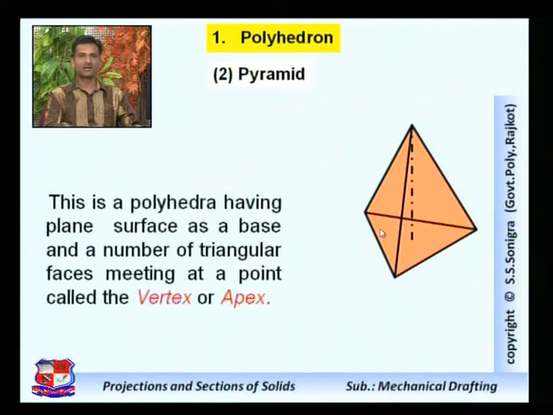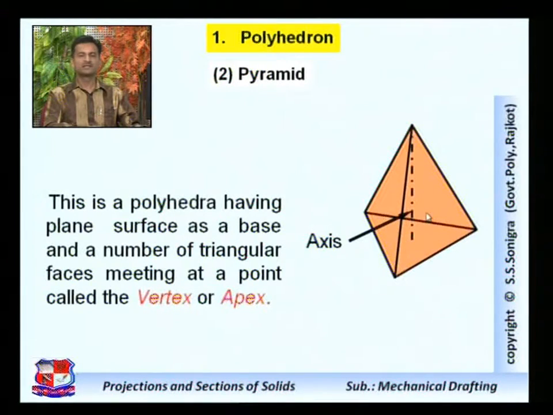In case of a triangular pyramid, 3 triangles would be formed. In case of a square or pentagonal pyramid, the appropriate number of triangles would be formed. In a square pyramid, 4 triangles would be there. In a pentagonal pyramid, 5 triangles would be there. In a hexagonal pyramid, 6 triangles would be there.